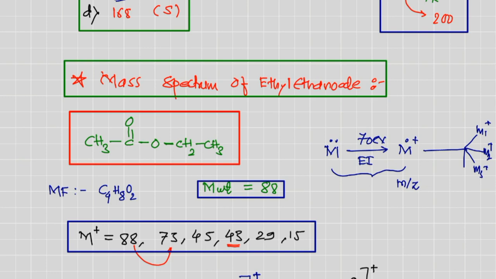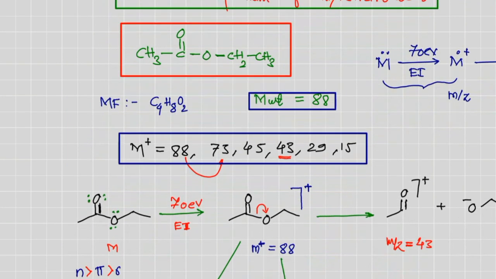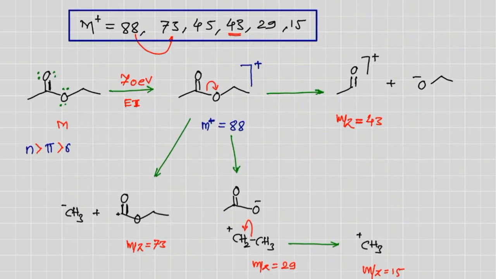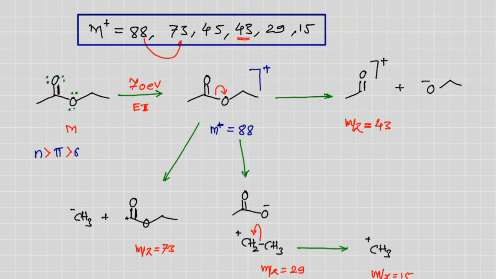Now look at this molecule in particular. This is the actual process of ionization. In general, this is your neutral molecule M, which is converted to M plus, the molecular ion. The first step is ionization, which is the formation of a radical cation.